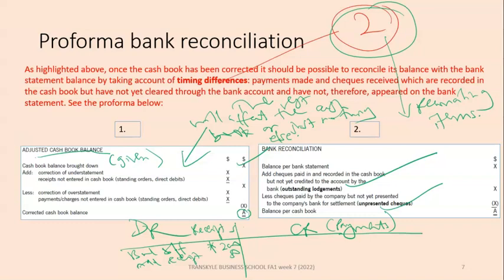We said that we received $78, when in fact we had received, let's say, $68. So that difference, we just recorded a credit entry, overstatement of receipts here, $10.